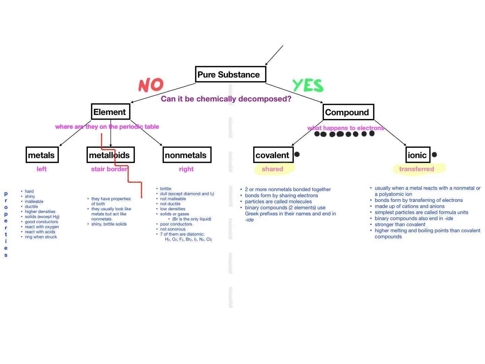Some things to note, usually we have two nonmetals when we're making covalent compounds, like carbon dioxide, and this is where we say binary compounds that have just two different elements use these Greek prefixes, carbon dioxide, and these names end in IDE.